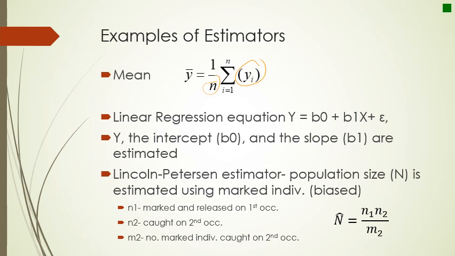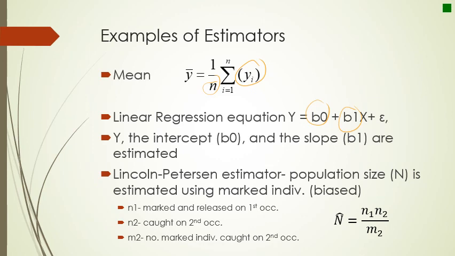Linear regression analysis is also an example of an estimator. In this case, y is a function of the intercept, b sub 0, and the slope, b sub 1. Both of those are estimated from the data using estimating equations.